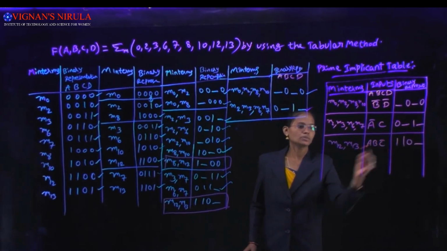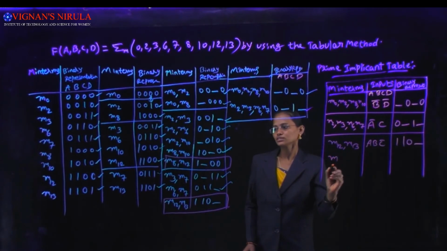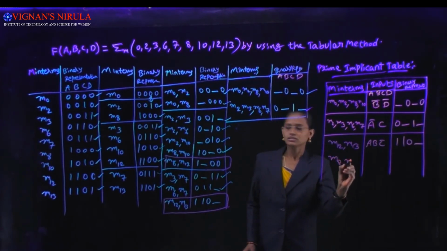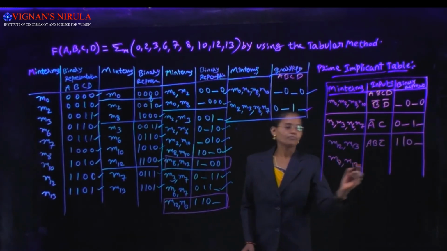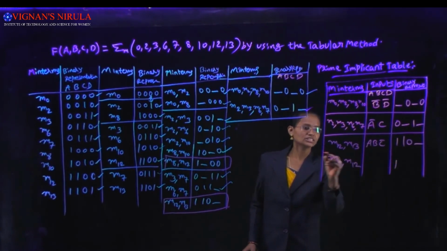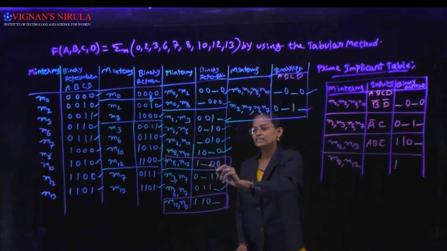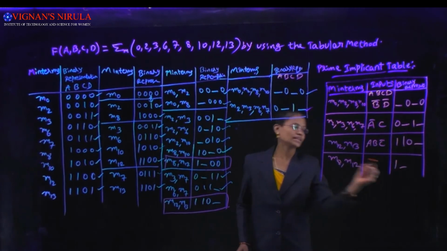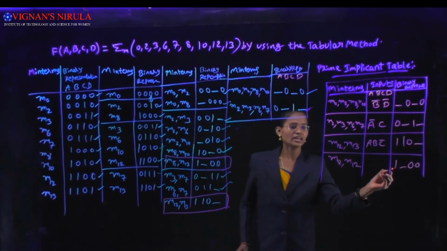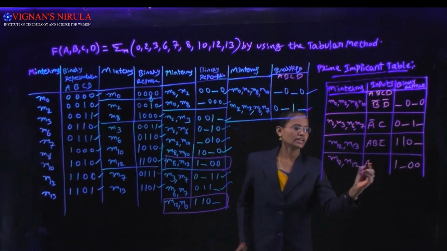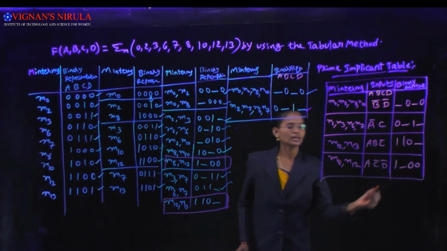And next M8 and M12. The binary representation is 1 dash 00. This is A, C bar, D bar. This is the prime implicant table.